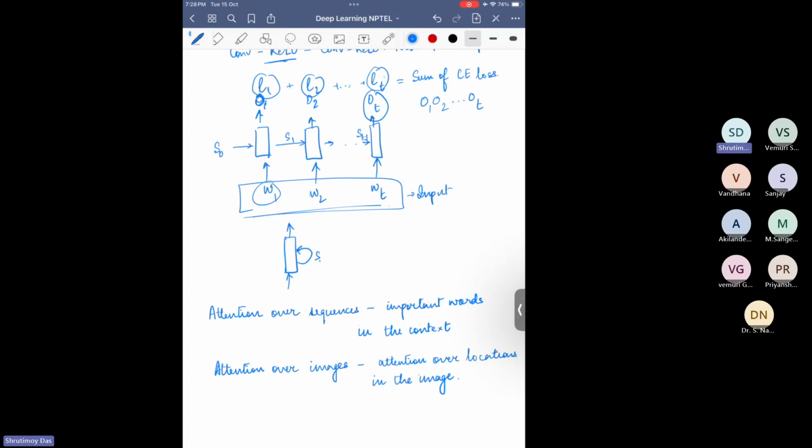Let me check. Can you give me the timestamp if you have it? I think it was at the very beginning. They were saying that each utterance has a sequence of words, and there is a sequence of utterances.